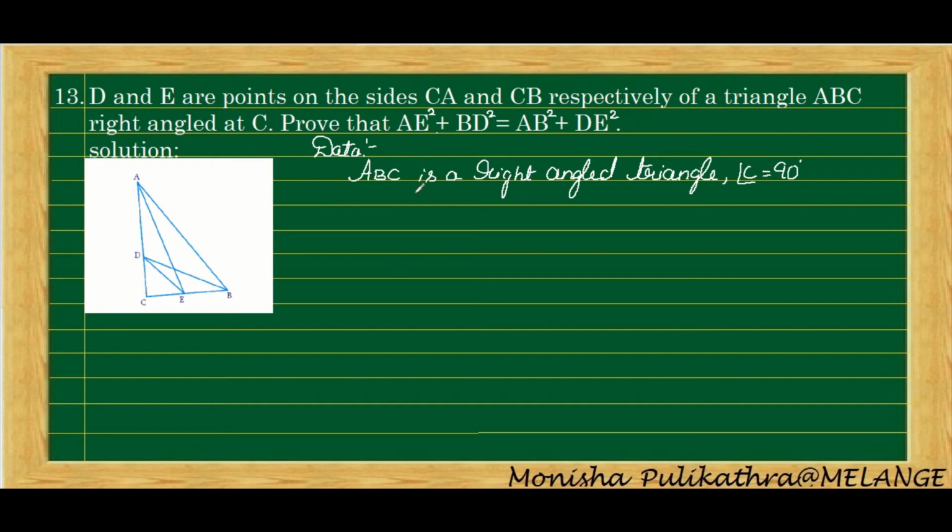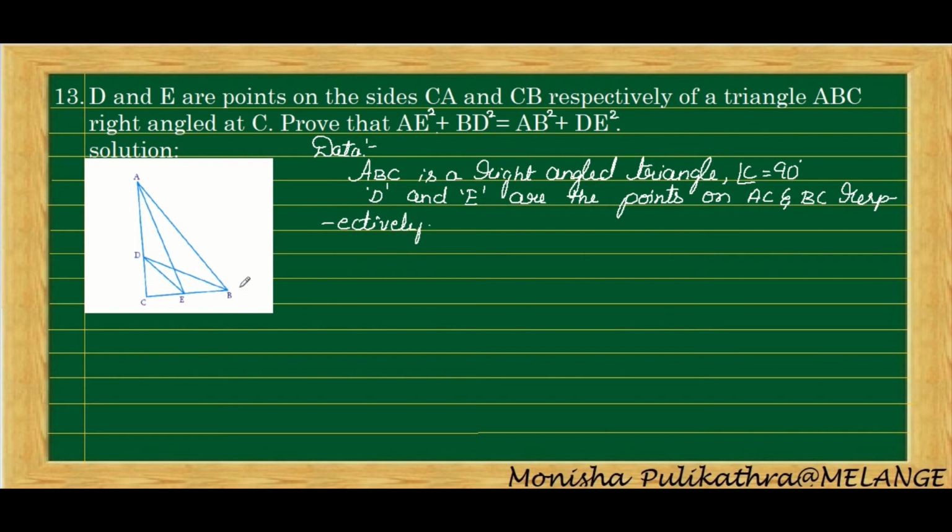Then D and E are the points on AC and BC respectively.